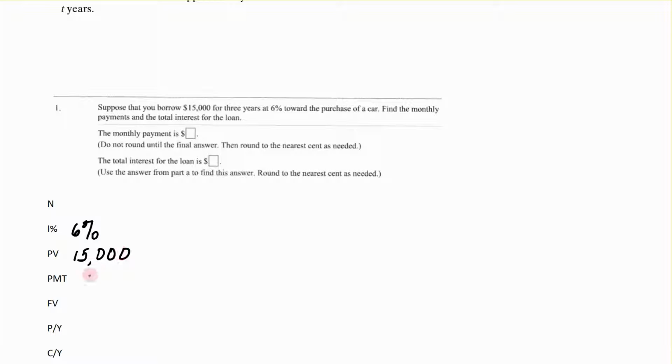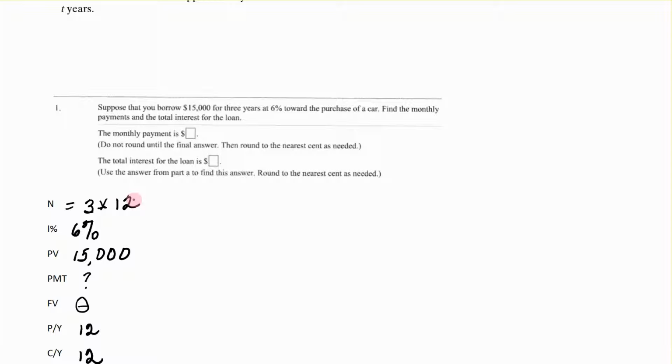We're looking for your payment. Future value in an installment loan is 0. We are paying monthly payments, so payments per year is 12. We're doing this for 3 years, so our N is 3 times 12.